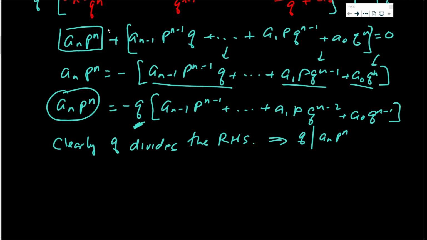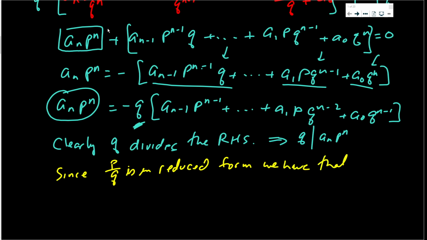Let's just say, since p over q is in reduced form, we have that p and q have no common factors.